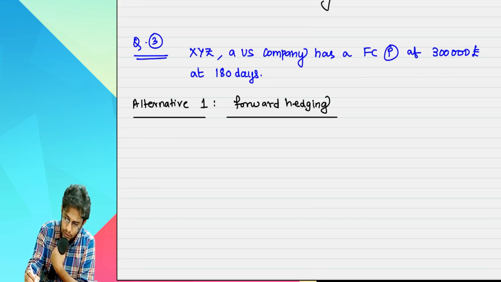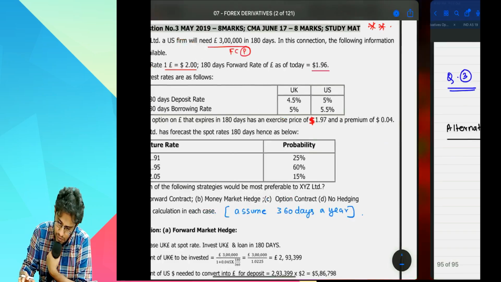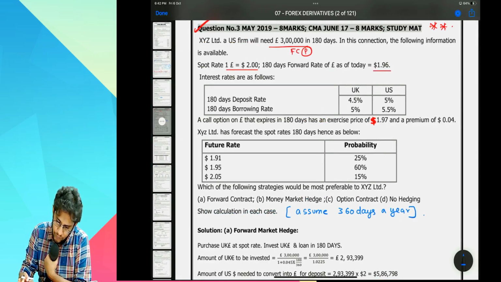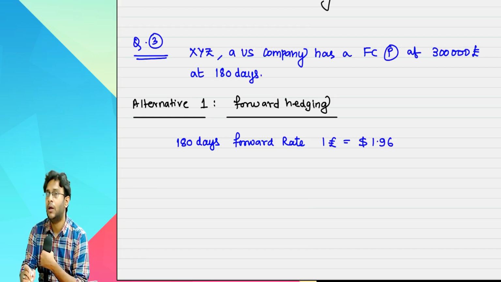Directly take the 180 days rate and finish it off. So 180 days forward rate: 1 pound is equal to $1.96.